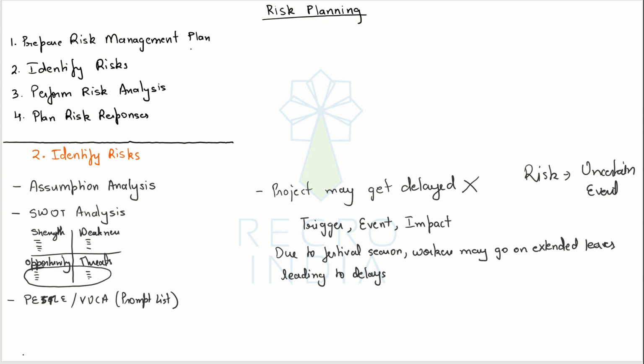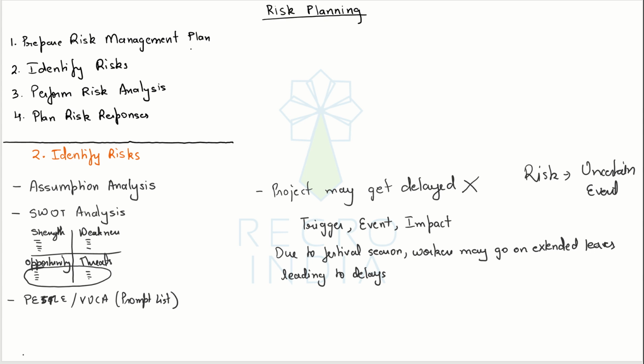and this will help you when you are doing your risk response planning. Because in order to come up with a risk response, we need to analyze where we can do what. Sometimes the trigger is beyond your control. You can't do anything about the trigger. Then maybe we can do something about the event. Sometimes we cannot do anything about the event also. Then we will try to minimize the impact by some way.